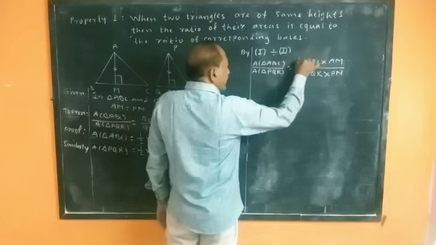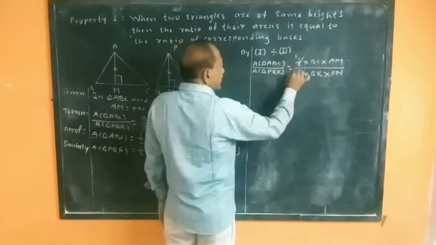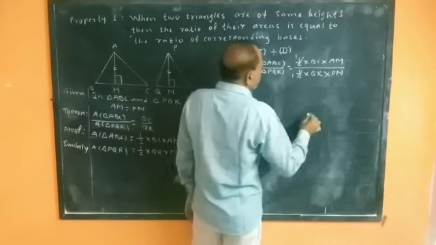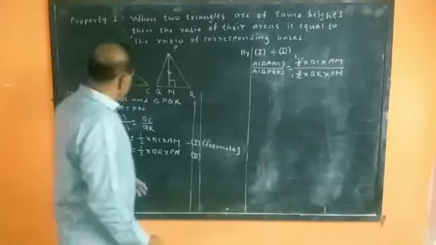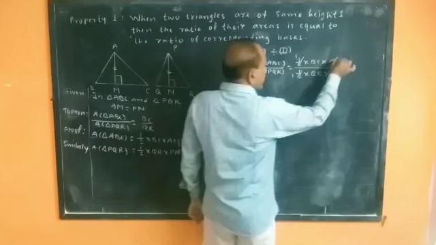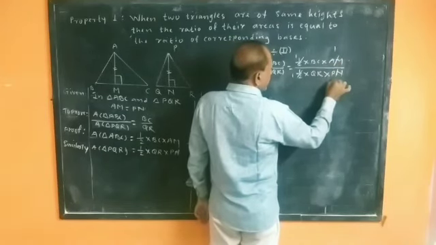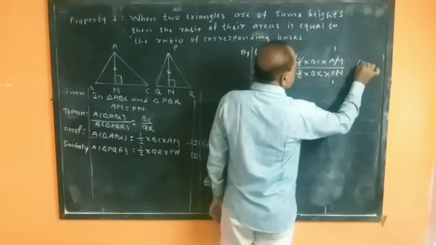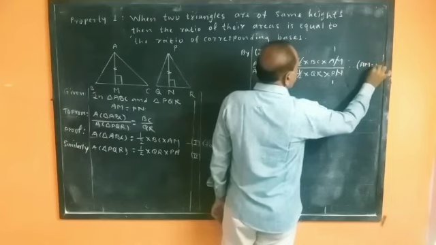Here 1/2 cancels, the division is 1 upon 1. Also heights are equal in the given, AM equal to PM.